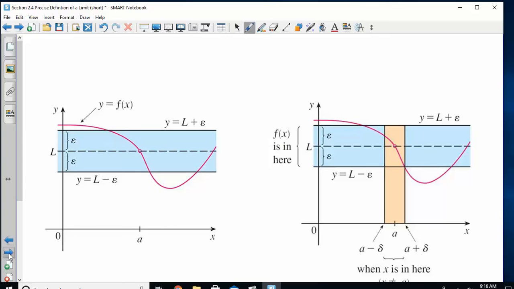This is just another picture of it. This is your limit. We have epsilon, that's basically above and below. So you have to get a y value in this range. If my y value has to be in that range, then I have to look at where my x's can fall. And I have to pick an x down in this window so that my y falls up here.